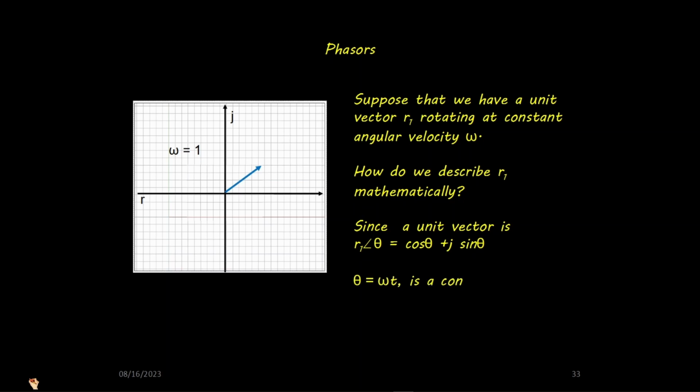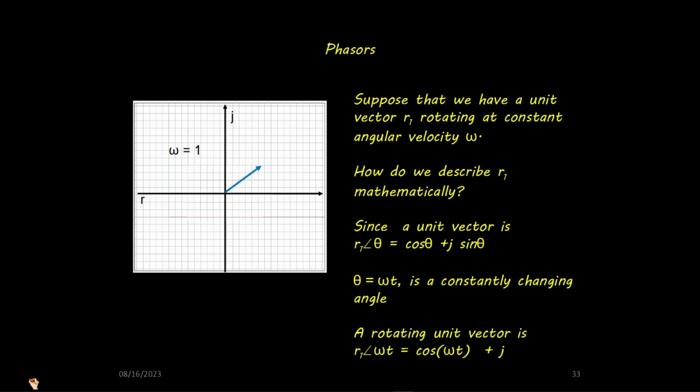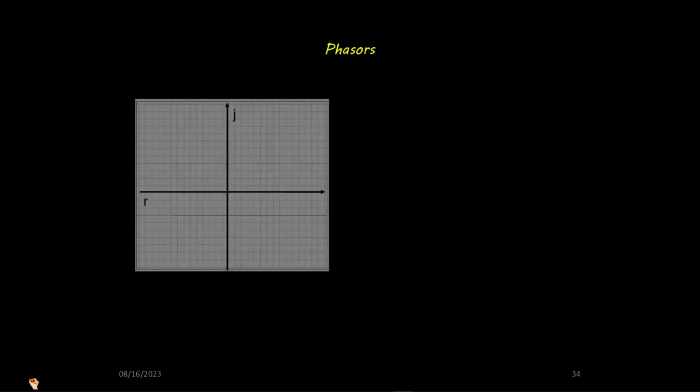Theta is a constantly changing angle, omega t. Substituting omega t in the above equation for theta, we get a rotating unit vector, r1 equals cosine omega t plus j sine omega t.